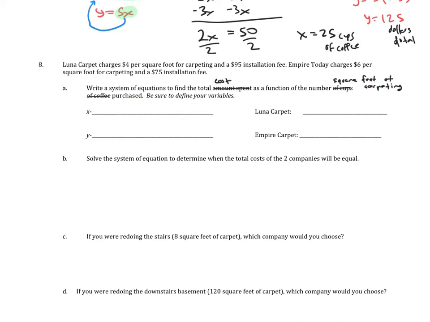And so we have this information, 4.95, 6.75. And so let's write our variables here, where y, again, we're talking about the total cost. So if we have a total, that's going to be y, so total cost. And then x is the number of square feet.